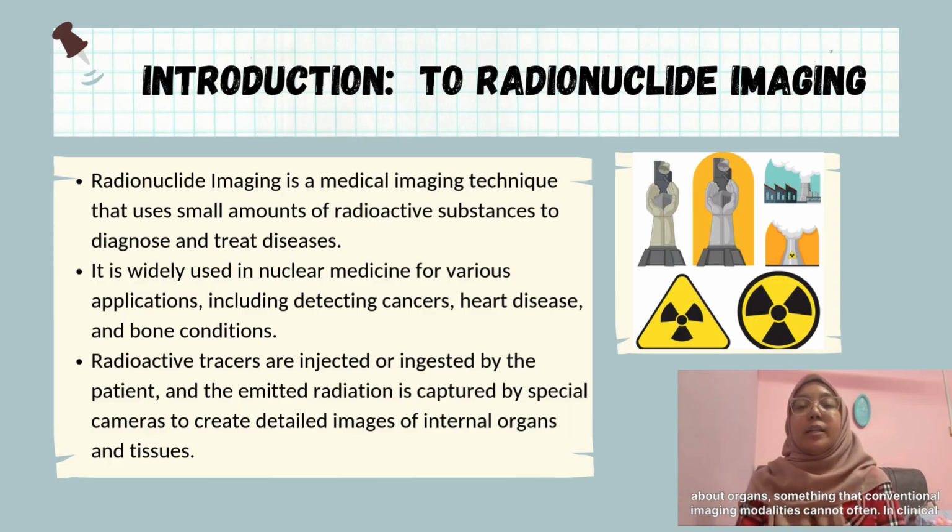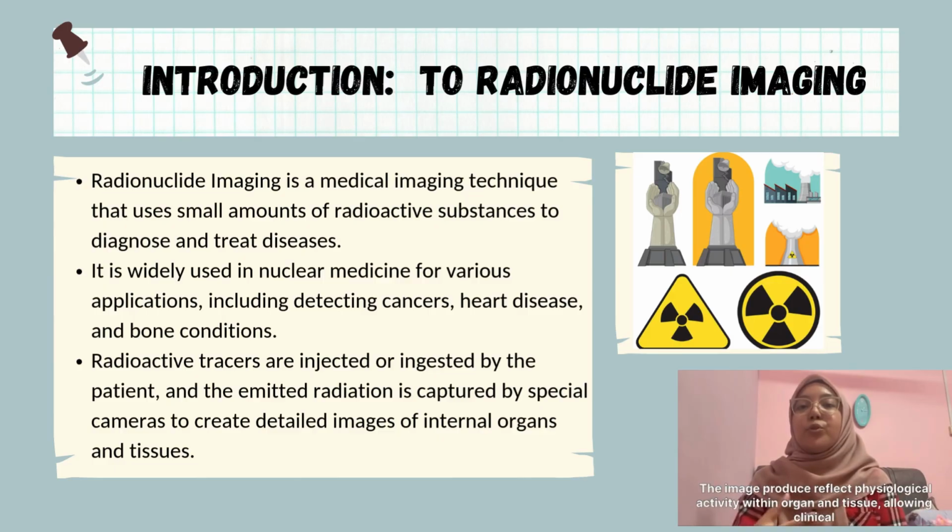In clinical practice, radiotracers are either injected or ingested by the patient. Once administered, they emit gamma radiation, which is captured by a highly sensitive camera such as a gamma camera, SPECT, or PET system.